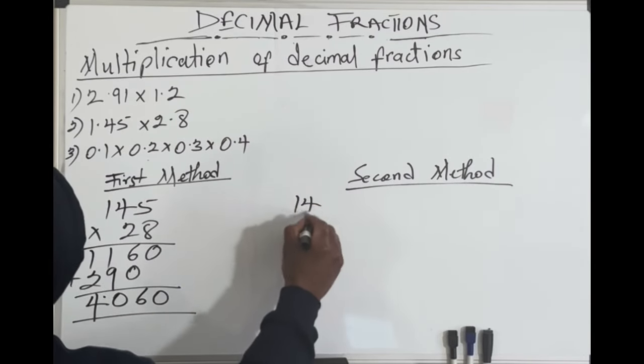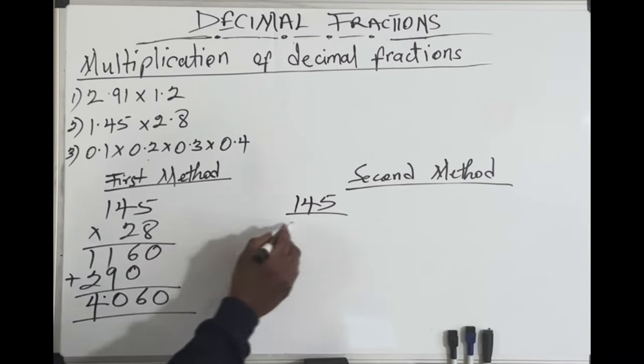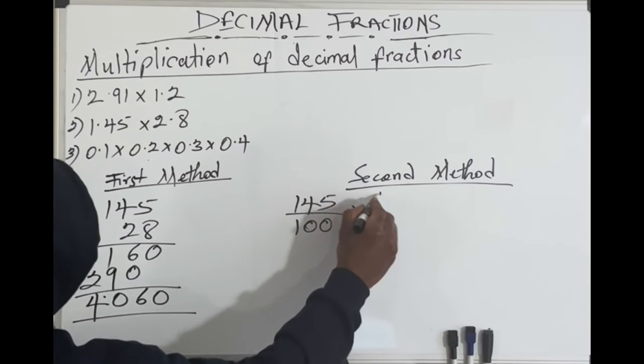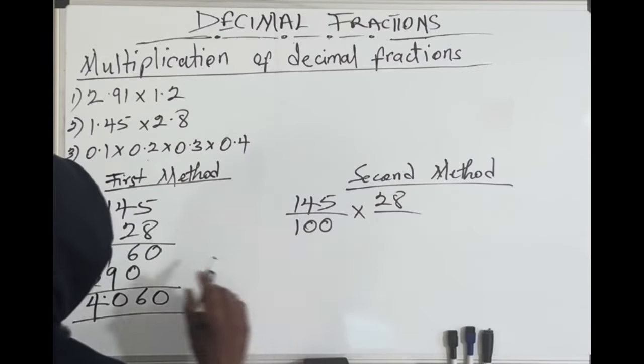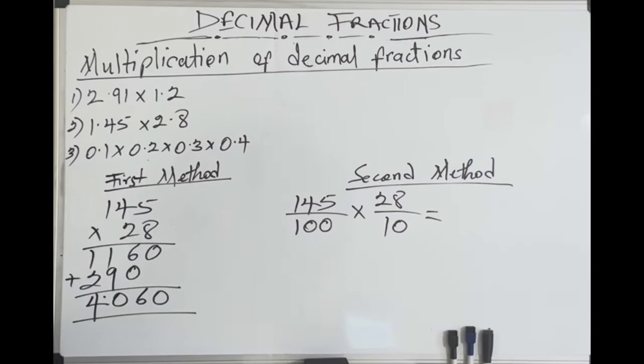The second method will be 145 over how many zeros? 2. 1, 2 times 28 over how many zeros? 1. So 145 times 28. Let's use a calculator.